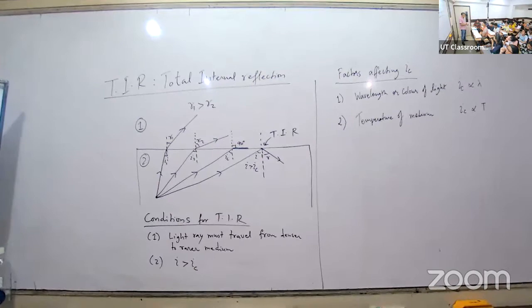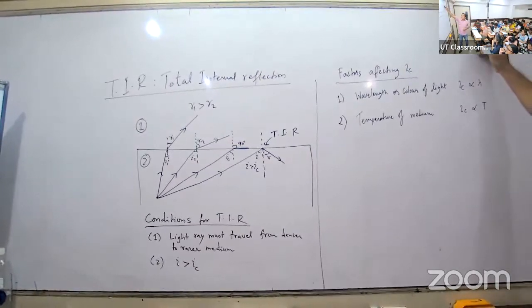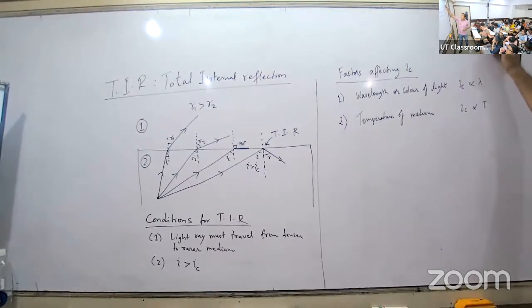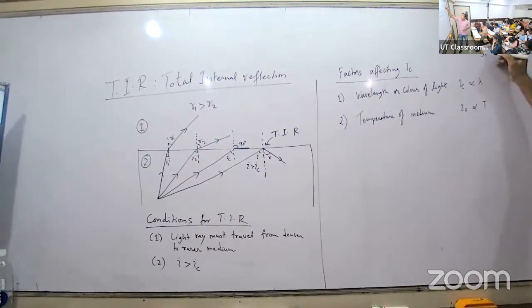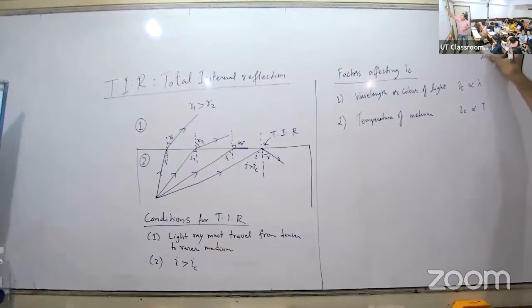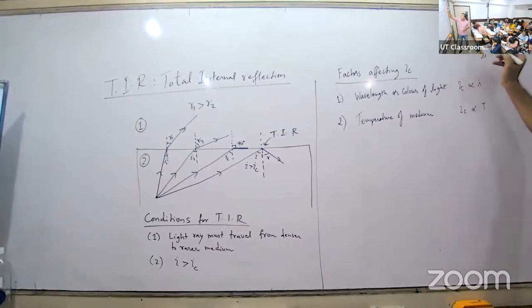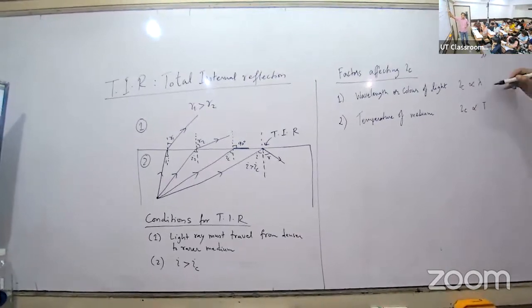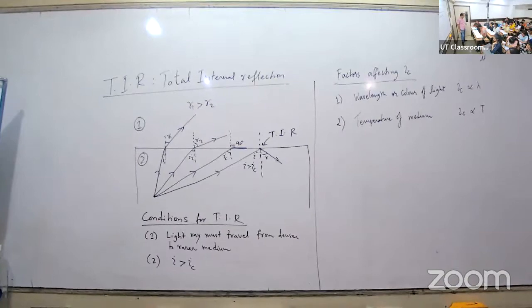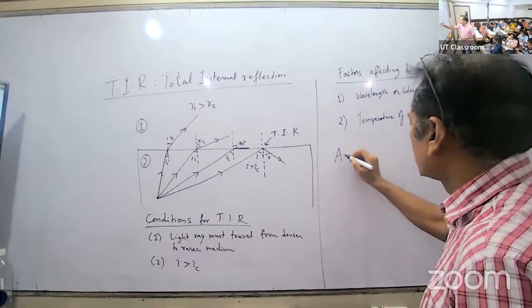It decreases. And if refractive index decreases, you should know this relation: sine of IC is the inverse relation, so for this there is a direct relation. Clear? Now, applications of TIR.